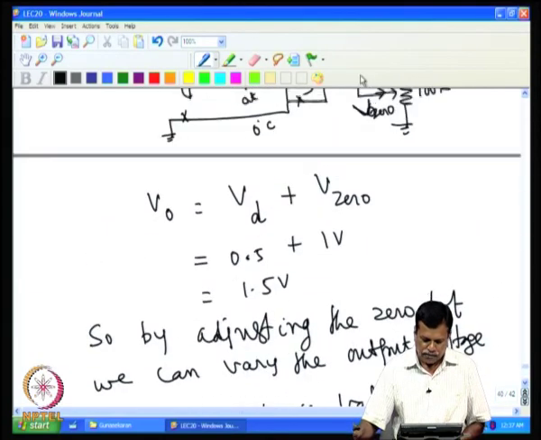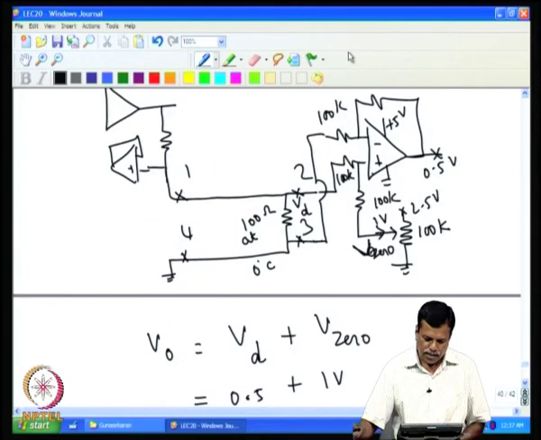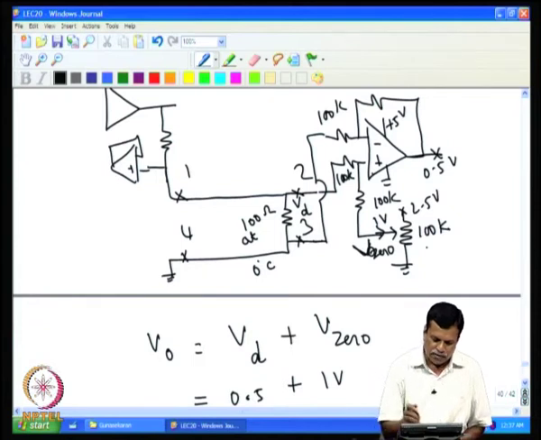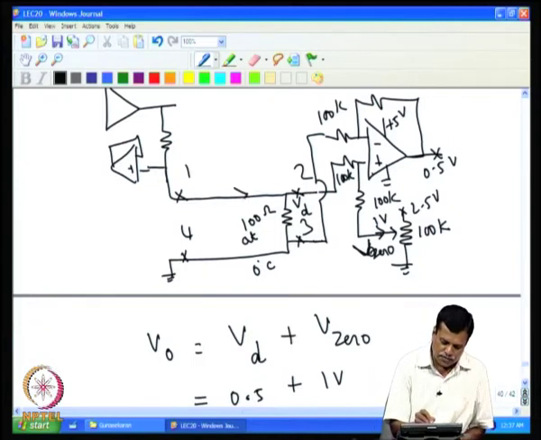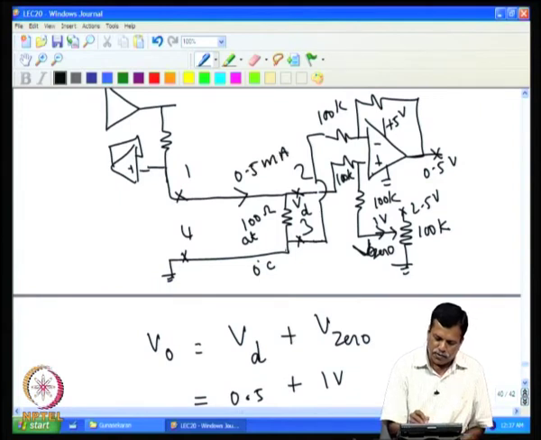Our assumption of 0.5 volt here was a small mistake, it is supposed to be 50 millivolt, because 0.5 milliampere going through 100 ohms will give you 50 millivolt, and then 50 millivolt at this point will make 25 millivolt here.